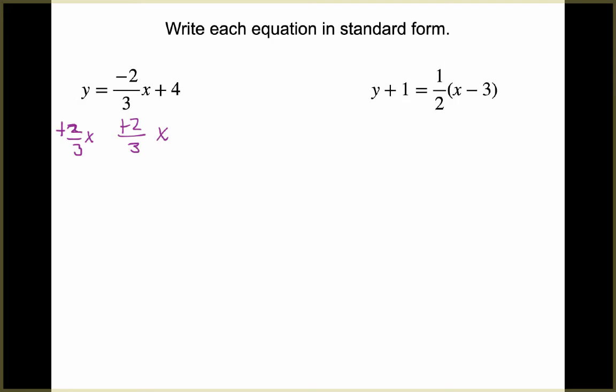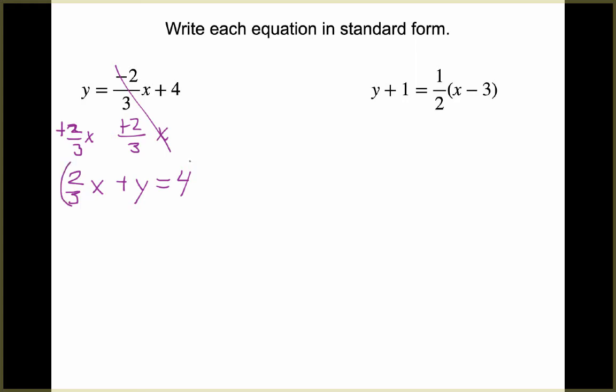So we add 2/3 x to both sides. This is going to cancel out, and we're going to get 2/3 x plus y equals 4. Now we have a fraction with our x variable. And to get rid of the fraction, since there's only one, just multiply everything in the equation by its denominator.